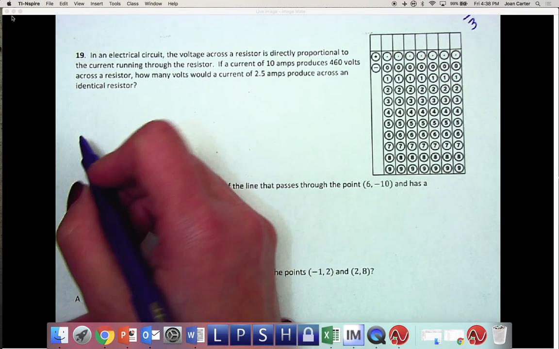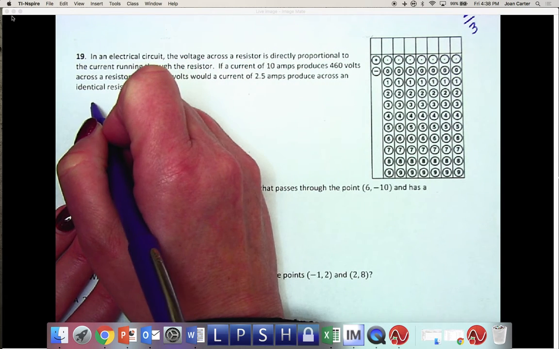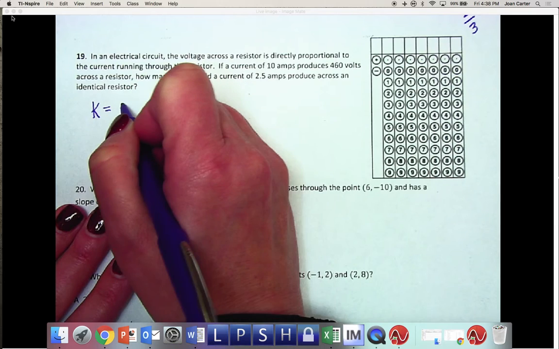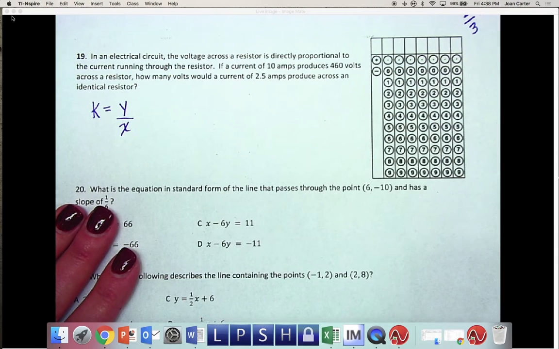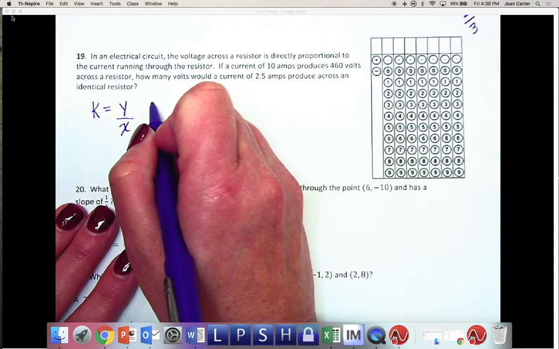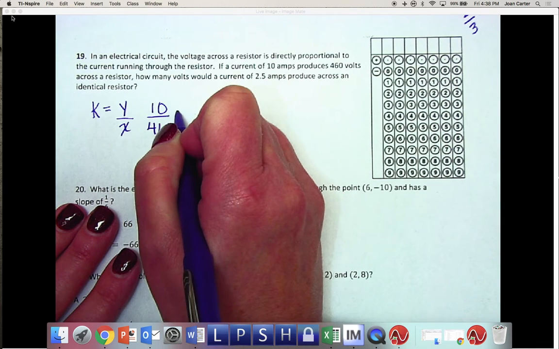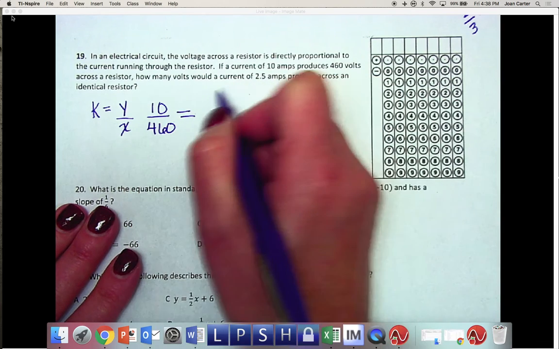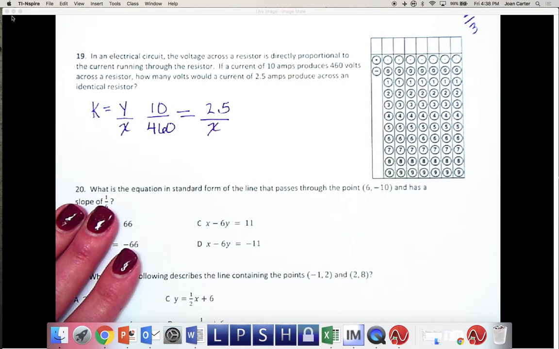All right, so at this point, remember, the constant is equal to y over x when we're talking about direct variation relationships. So if I say 10 when it's 460 and 2.5 when it's what?